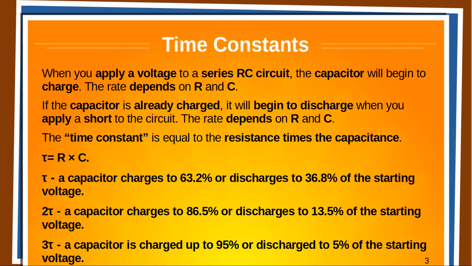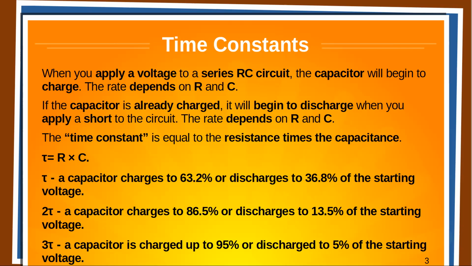When you put a voltage on a series circuit, you charge the capacitor up, and how fast that capacitor charges depends on the series resistance, in other words, the RC values in the network. That RC product is what we call a time constant.